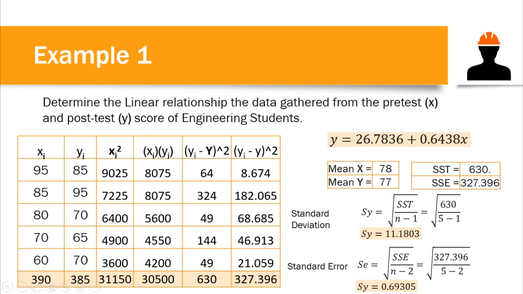And the standard error, again, measures how far the actual value is from the estimated value. Okay, so this is important since this also measures how effective our line of fit, or our equation, is.